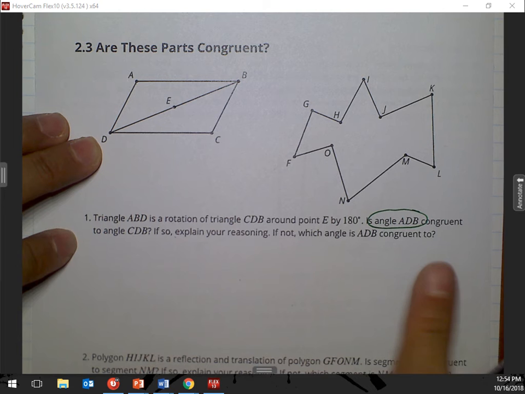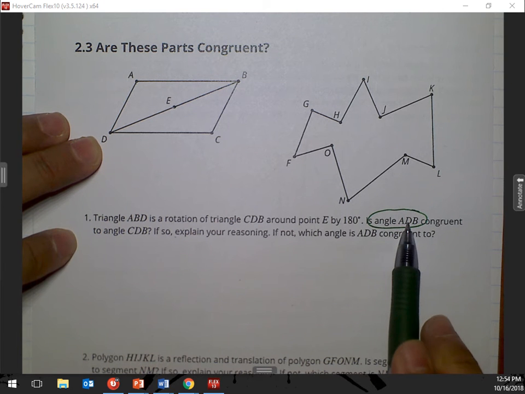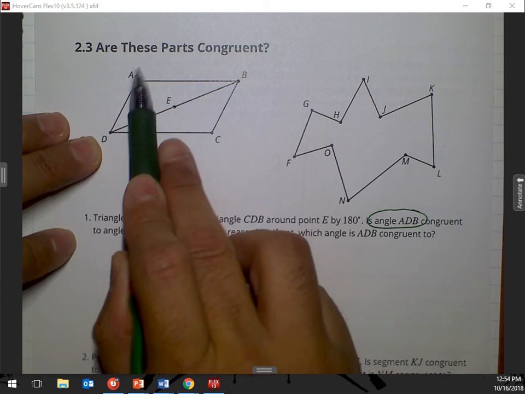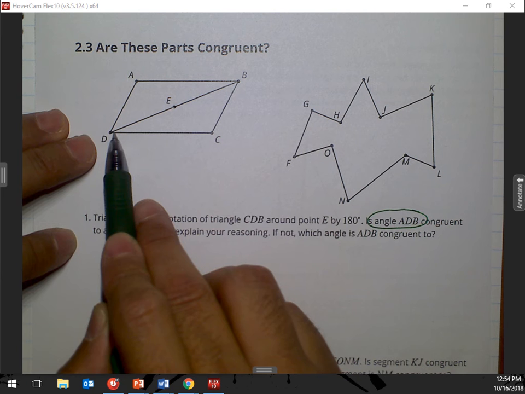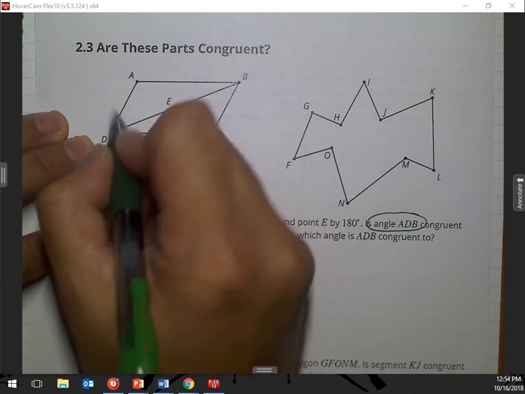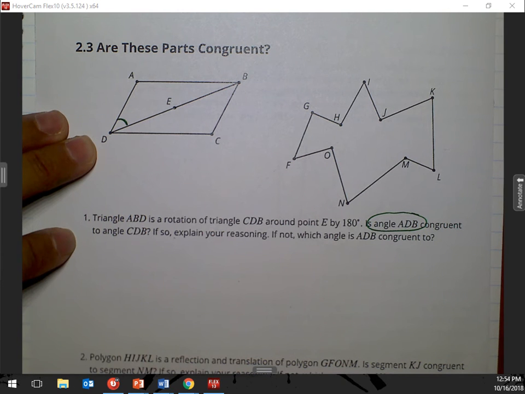We did this yesterday. It's at D, and it's between A and B, right? So it's at D between B and A. So it's going to be this piece right here. So it's that one right there.